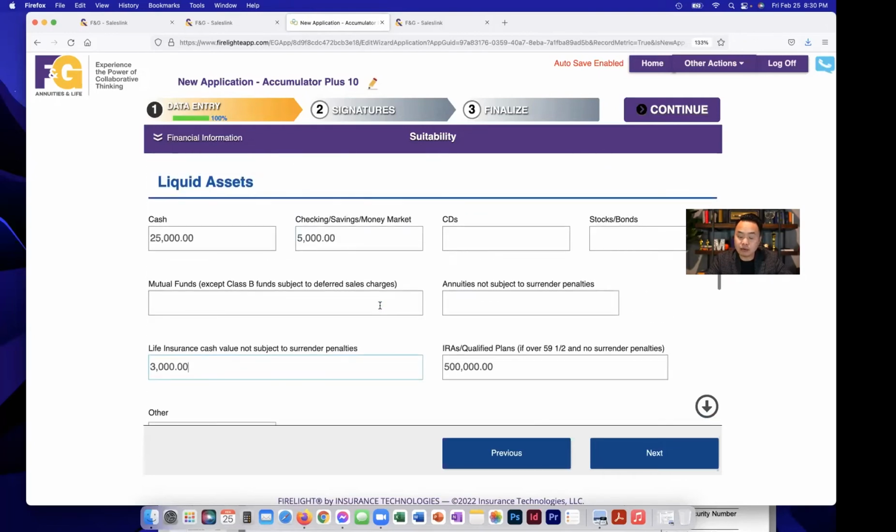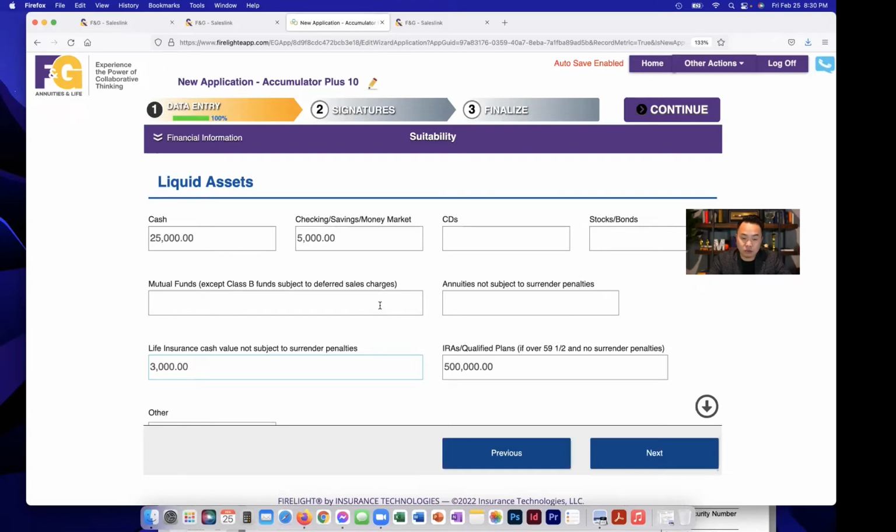If they really have nothing, let's say they have 50,000 and that's their life savings, and they're going to put everything into your annuity, and they have no cash, no CDs, no nothing, then you don't want to tell them, hey, I don't think this is a good idea.